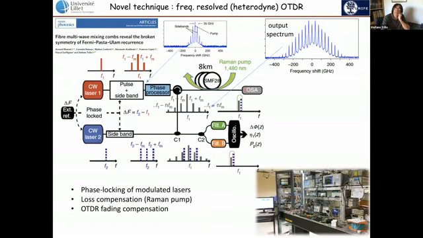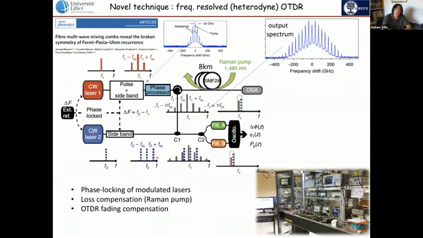Instead of looking at the output, you look at the backscattering. The backscattering gives you information on how the field evolves along the whole fiber. And since you want to extract the information about the three principal modes, the pump and the sidebands, you need another laser at a different frequency.